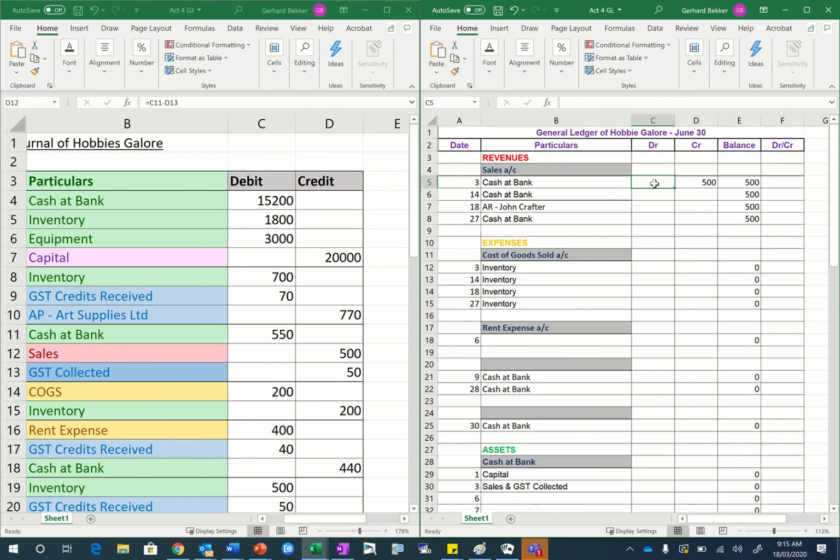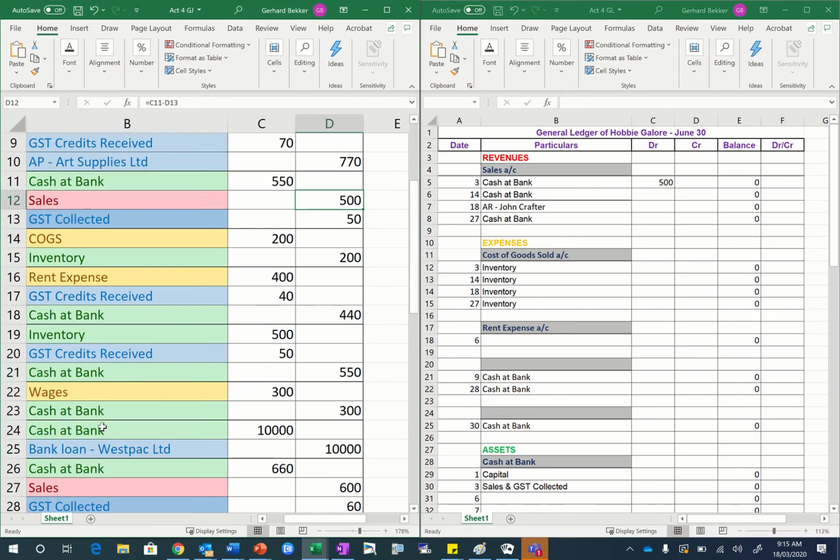If I had to make a mistake, for instance, I put that 500 in my debit side, nothing happens to my balance. If I had to keep on being confused about what I have to put where, so on the 14th, I had sales, and the sales was 600. So it's how I keep on making a mistake. Having a look at it, I've got a negative 600 sales.